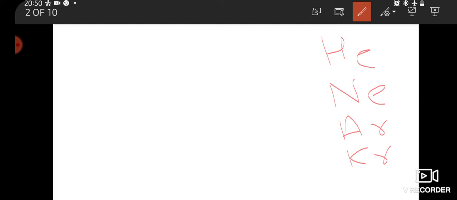Here are helium, neon, argon, krypton, xenon and radon, with atomic numbers 2, 10, 18, 36 and so on. Those elements are known as stable elements, and other elements are unstable.